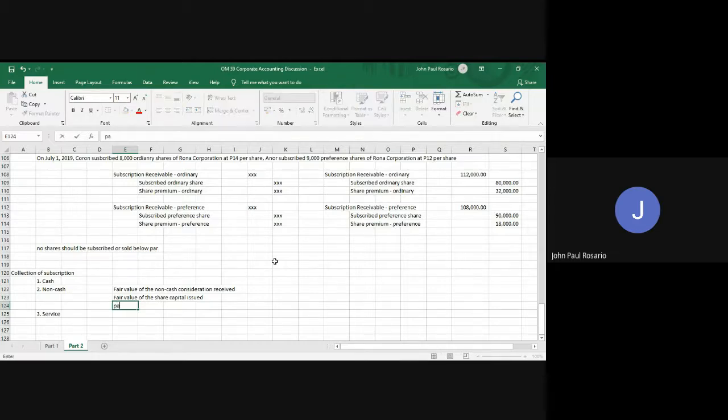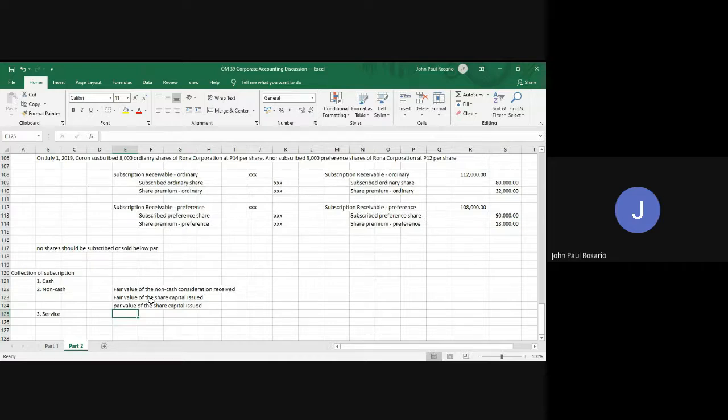And then lastly is ang par value of the share capital issued. Okay? So, mo lang ni siya imong basis sa unsa amount nimo gamiton as the consideration received.